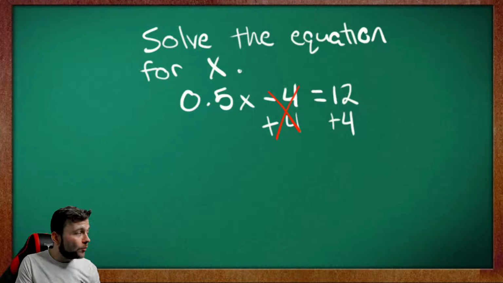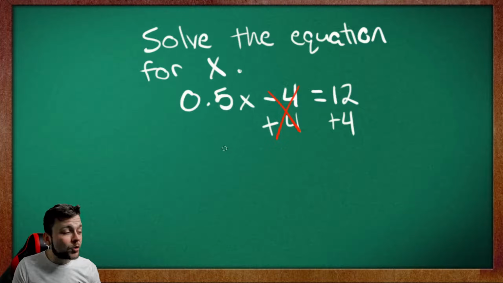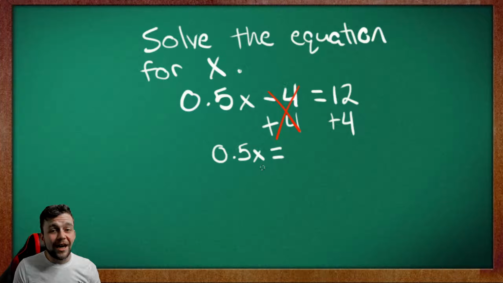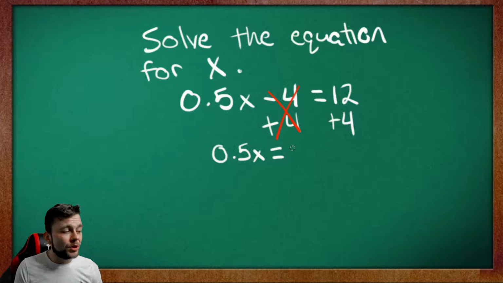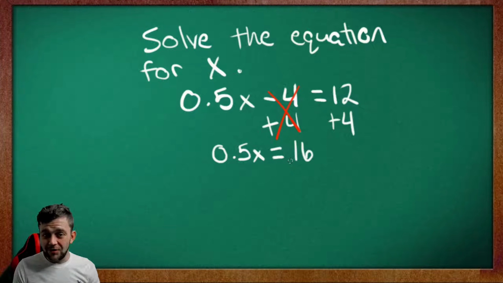We're going to rewrite the problem down below. And I strongly encourage you to write everything out with math. It makes it so much easier, right? So 0.5x equals, what is 12 plus 4? That is 16. Not too bad, right?